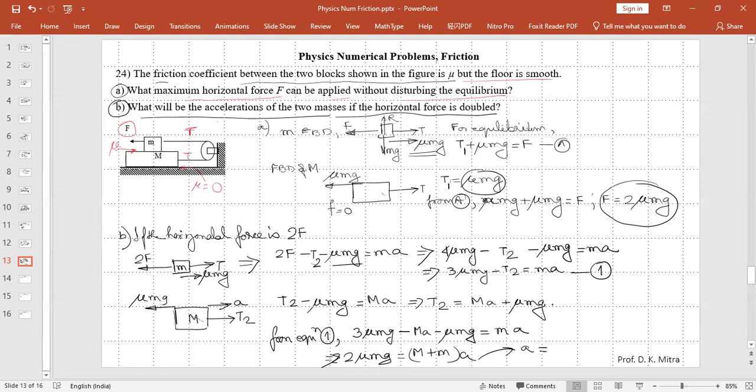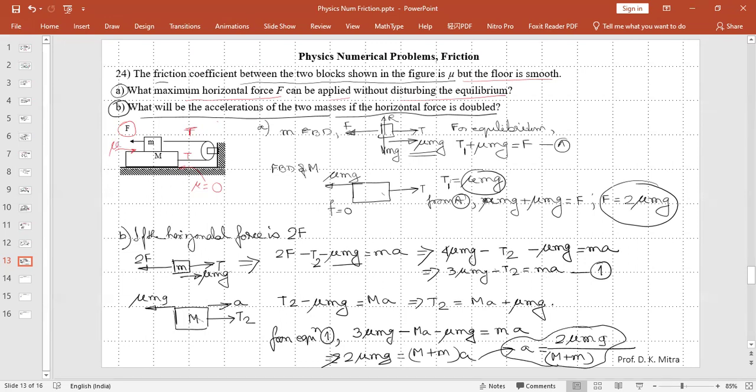Acceleration A is equal to mu small m g divided by capital M plus small m. So this is the answer to this particular question.